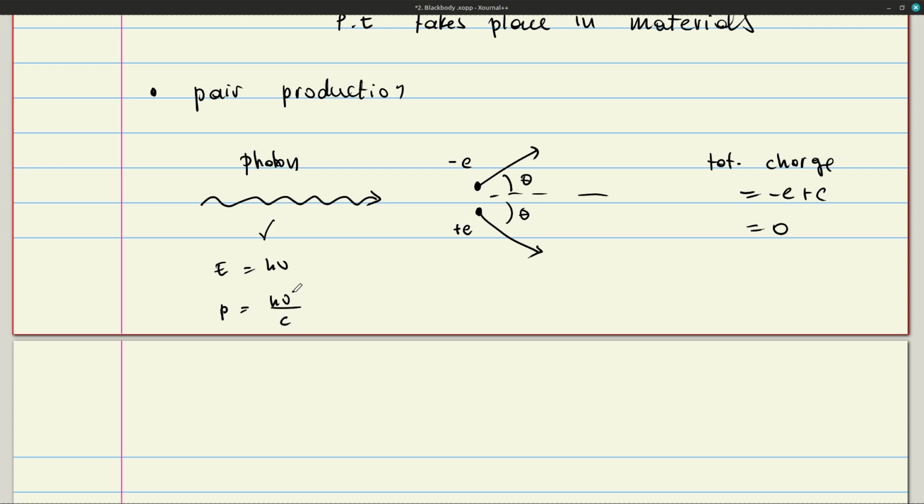Before the collision, there's only the photon. The photon comes in, suddenly in the empty space an electron and a positron just emerge from nowhere, but the photon disappears. That's the pair production. That's what we are trying to decide, if this is even possible.